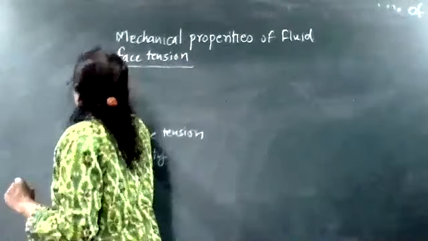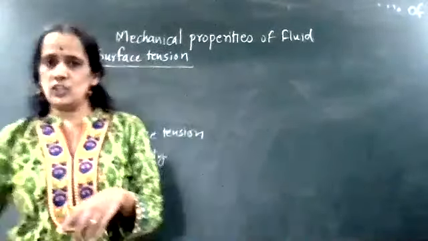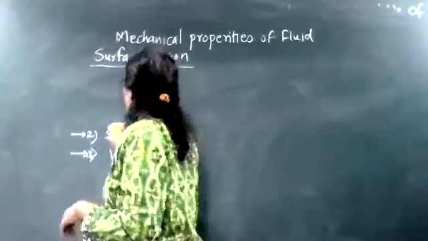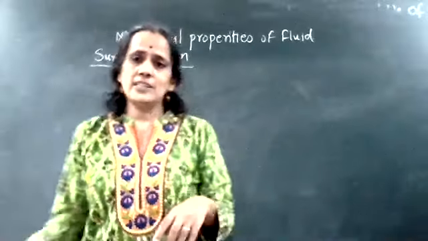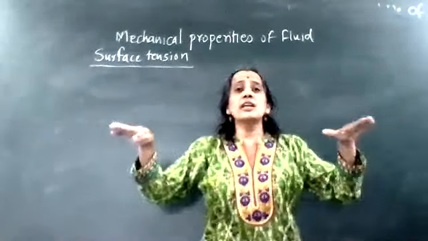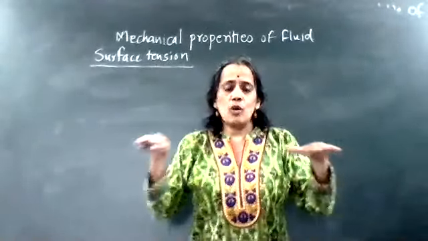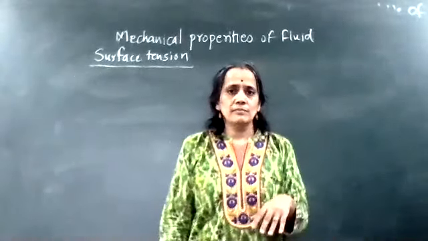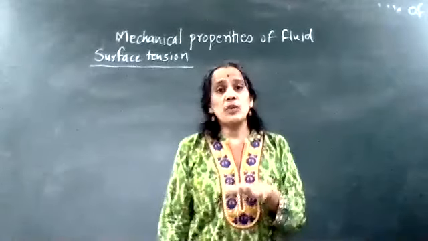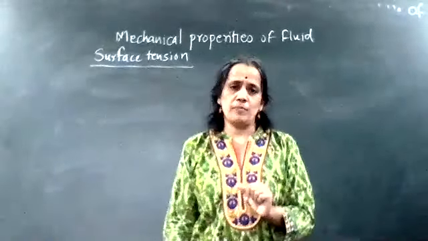What are the practical examples of surface tension? The very famous example is that if you observe any water reservoir, some insect can float over that water, right? That is one of the examples of surface tension.